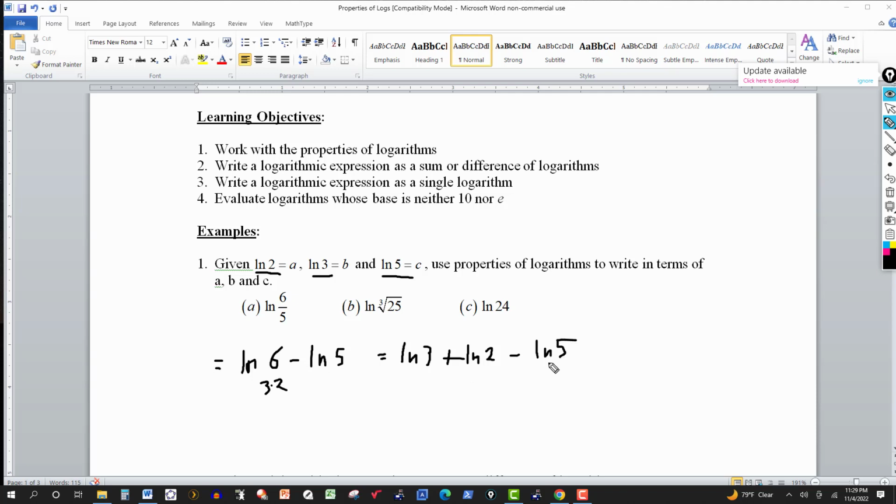Now once you have those values, you can just substitute. Natural log of 3 can be replaced by b. Natural log of 2 can be replaced by a. Minus, and the natural log of 5 can be replaced by c. So depending on how you wrote this, it could be b plus a minus c, or it could be the other way around, a plus b minus c. That's the solution to that one.